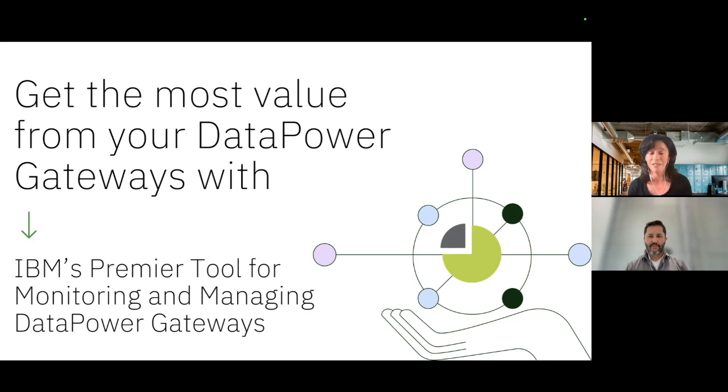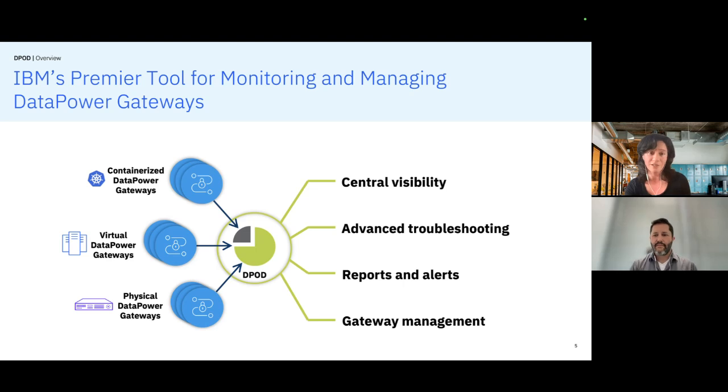It's very important for us to give that visibility and observability with this special tool. So yeah, you guessed it correctly. What we are talking about is DPOD, DataPower Operation Dashboard. It gives you central visibility, advanced troubleshooting, and lots of critical management functionalities for DataPower.